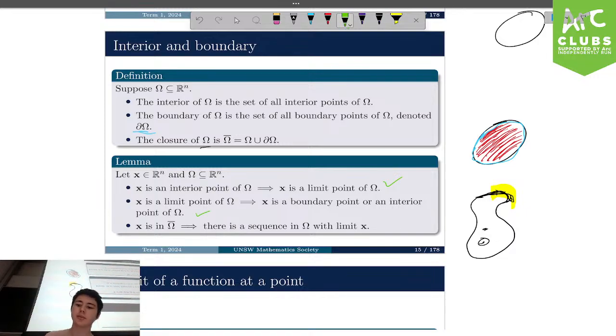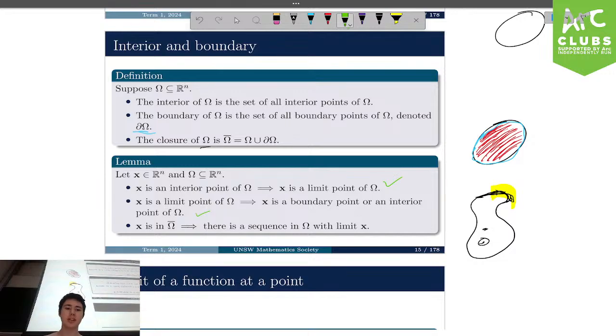Fantastic. So next up, given that x is inside the closure, remember we're using a fancy symbol now, there exists some sequence in our set, using interior points, which has a limit of x, because the closure is the union of the interior and the boundary.